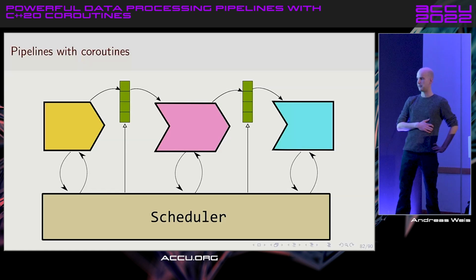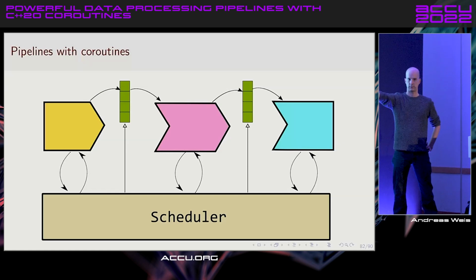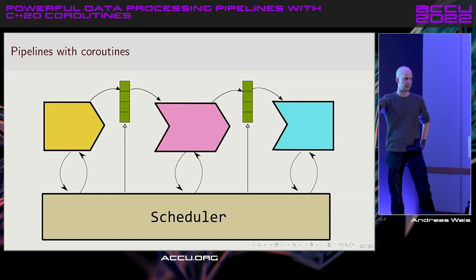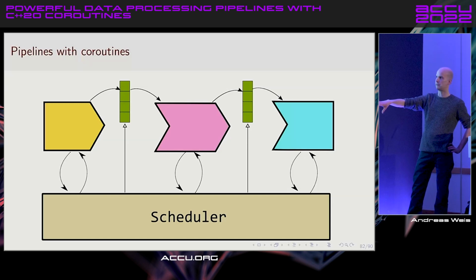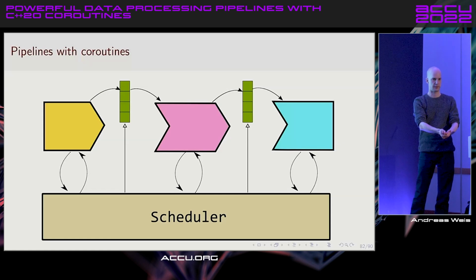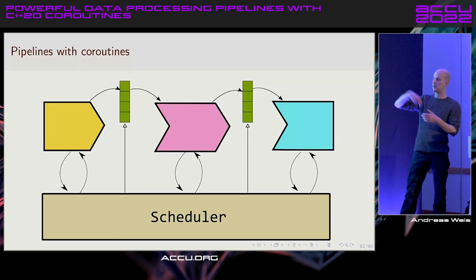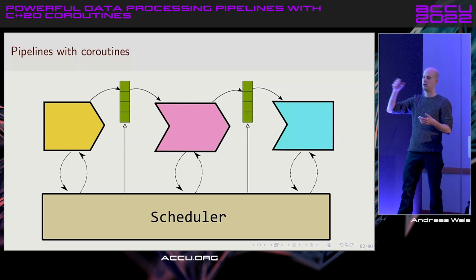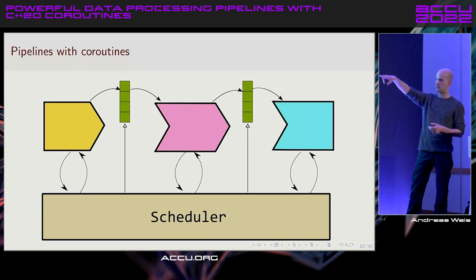The easiest answer there is that there is some big scheduler running underneath. All of these coroutines, I spin them up and hand them over to a scheduler. The scheduler then resumes the individual steps, and as soon as a step goes to sleep, it observes the state of all the steps and the state of the queues in between, and then determines who to wake up.